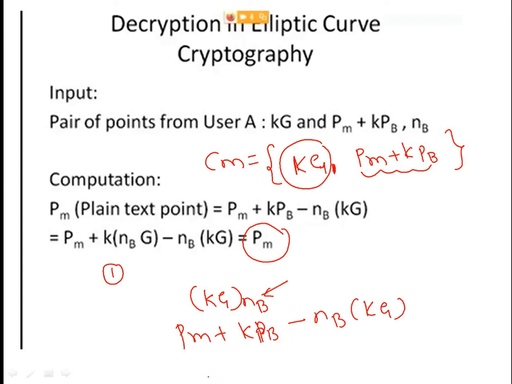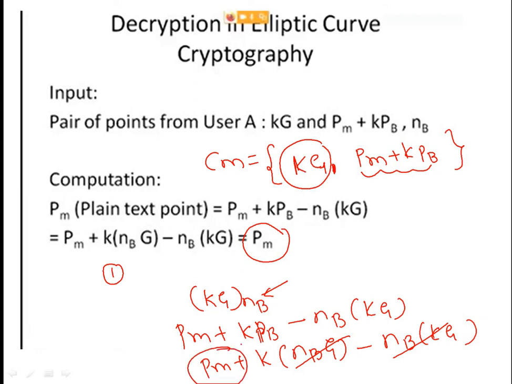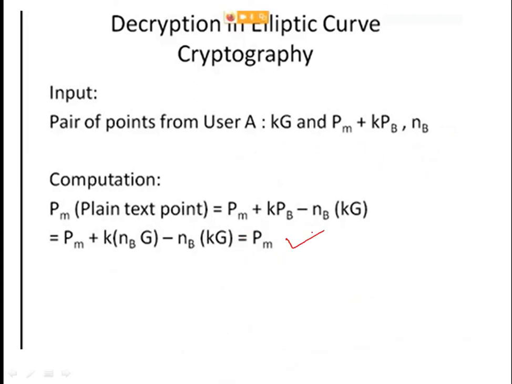We know how to calculate PB: PB is nothing but nB into G. So this becomes like this. These two are the same, so this and this get cancelled and we get PM. You can see the same thing is happening.